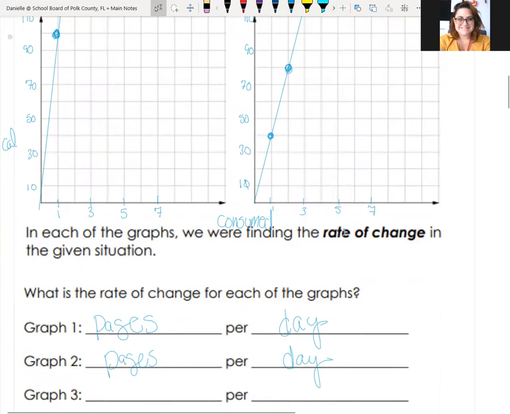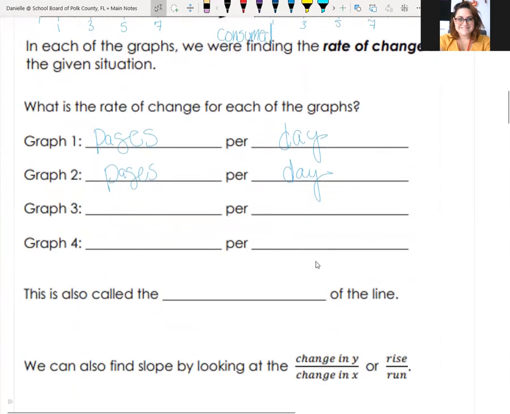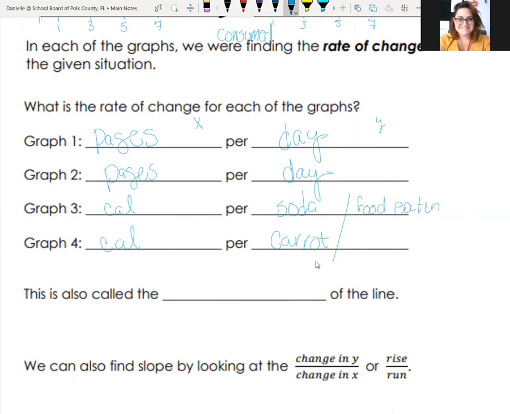We could say calories per soda can, and calories per carrot. We put X and then Y. And if you don't like soda and carrot, then we could also just say consumed food, like per food eaten. Well, I guess that one would be drank.